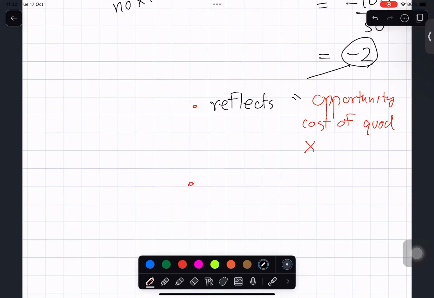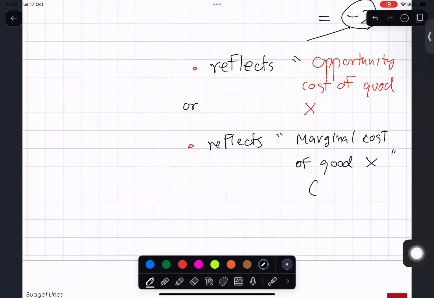Okay, another. It's also good to know that we can say that every time this guy wants to have one more unit of pizza, what is the extra cost for doing this?